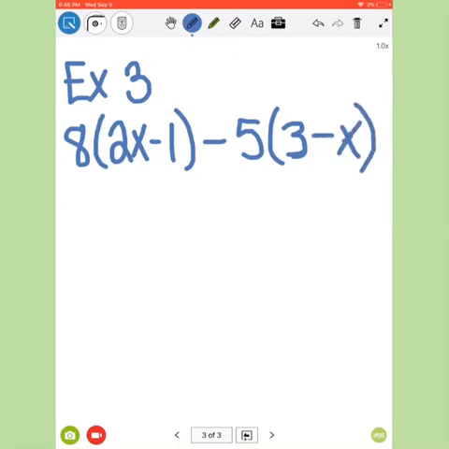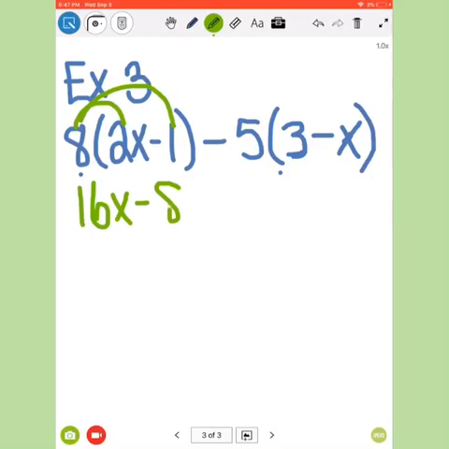All right, there we go. So in this expression, we got 2 sets of parentheses, which means we will distribute twice. So I'm going to go ahead and get going. 8 times 2x gives me 16x. 8 times negative 1 gives me negative 8.